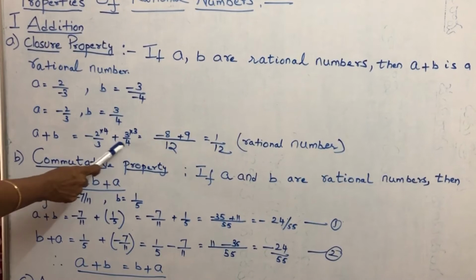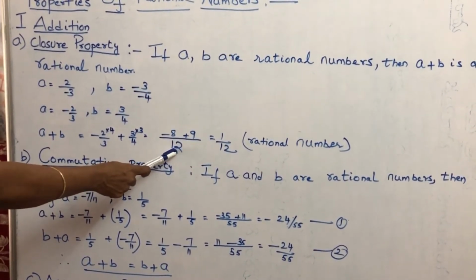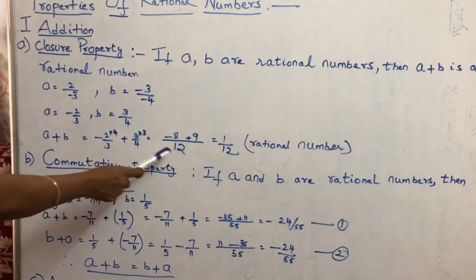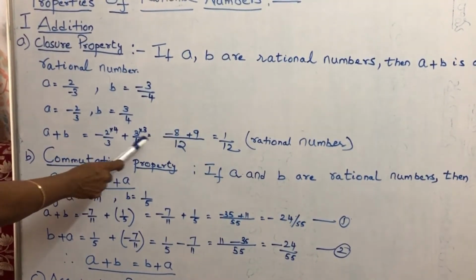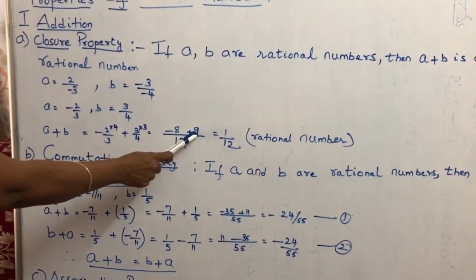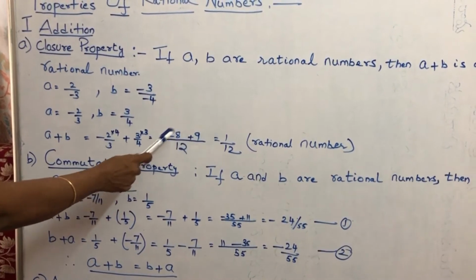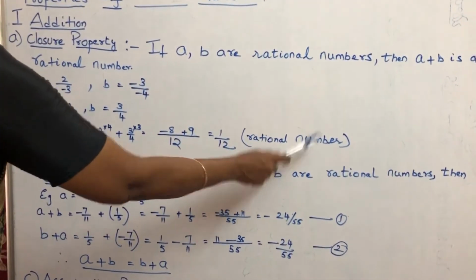As the denominators are different, go for the LCM. Your LCM is 12. 3 divides 12 4 times, 2 4s are 8. 4 divides 12 3 times, 3 threes are 9. 9 minus 8 is 1 by 12, which is a rational number.